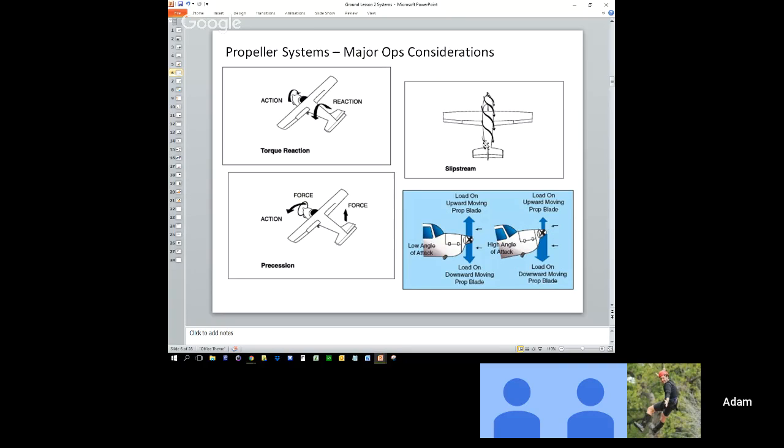So any force that acts on a spinning object, like a propeller, is going to result in a force perpendicular to the direction it's spinning. So propeller precession is a tail up force caused by high power output of the propeller.